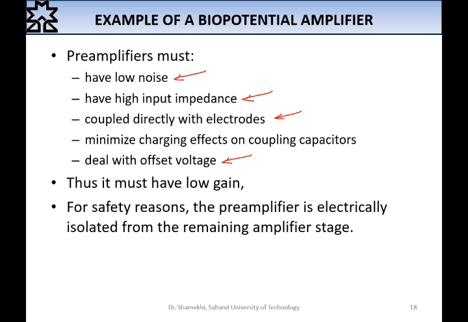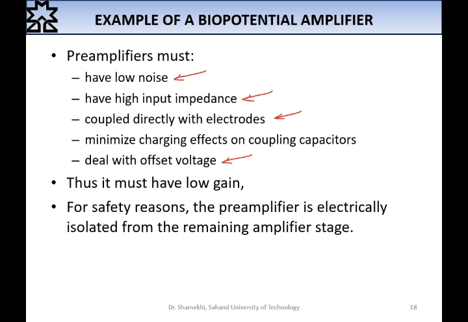In brief, we can conclude that the preamplifiers are not for amplify, because we should overcome some challenge like noise, like input impedance, connection to the electrodes, charging effects on coupling capacitors, and also offset voltage.